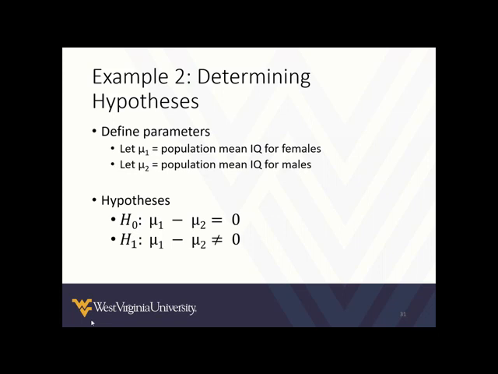And so to define our parameters, we're going to let mu1 be the population mean IQ for females and let mu2 be the population mean IQ for males.